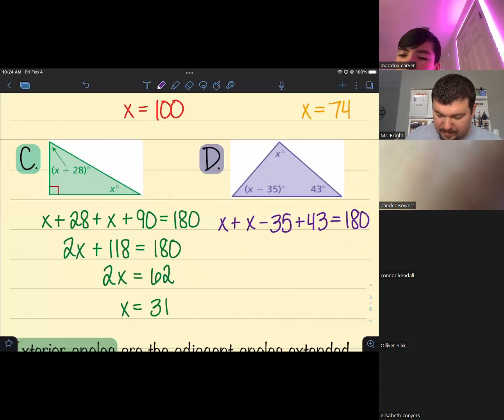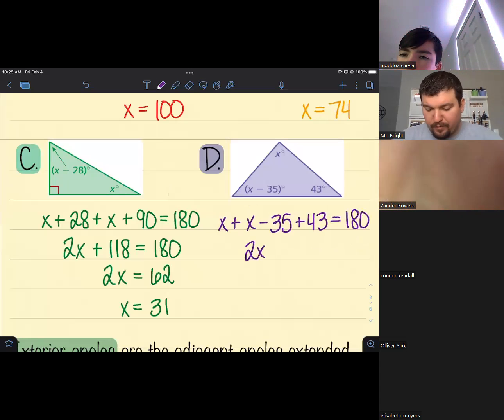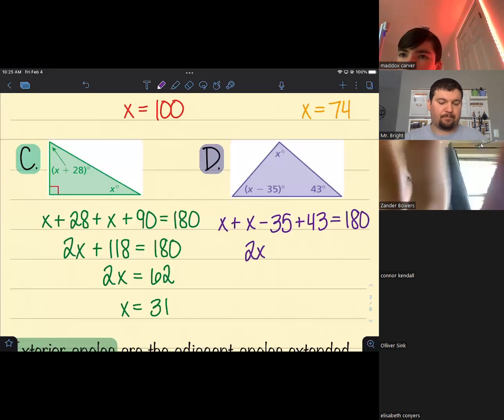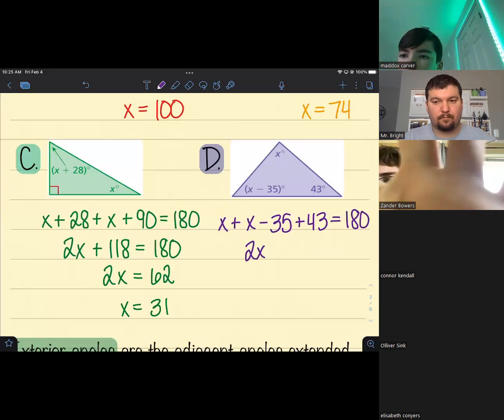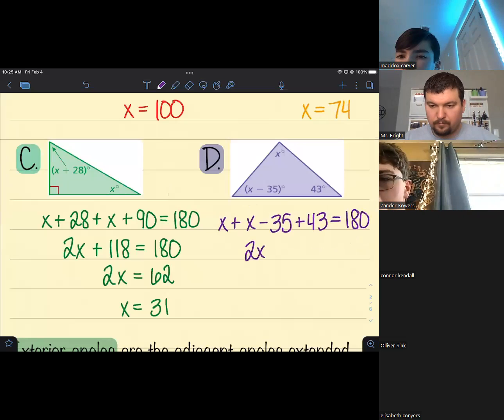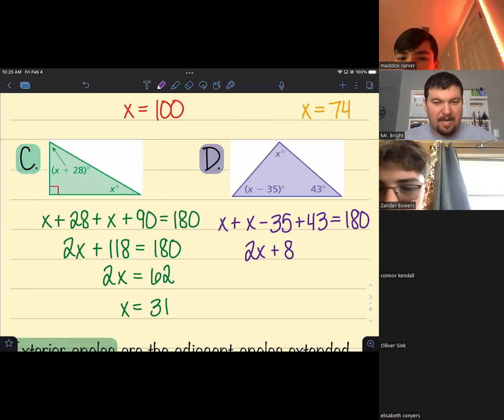So when we combine our x's, we're going to have 2x just like before. What do we get when we combine negative 35 and 43? 8.